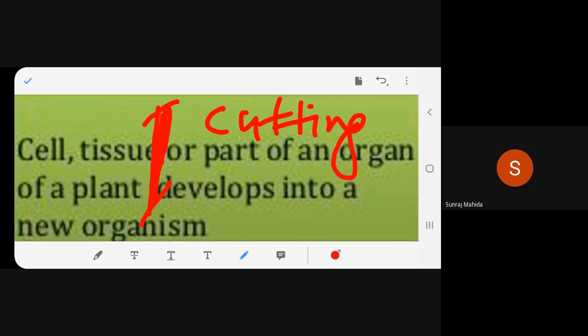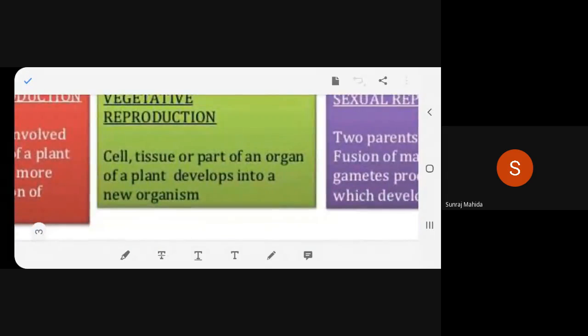This is called a cutting. And you put it in the soil. You get a new rose plant from this cutting of the rose. Is it clear? So these are called vegetative reproduction.